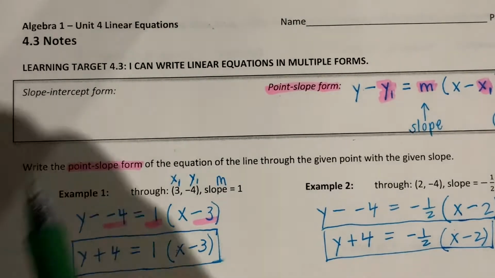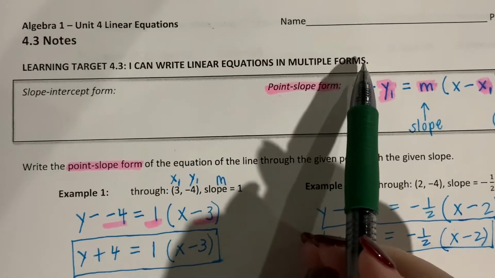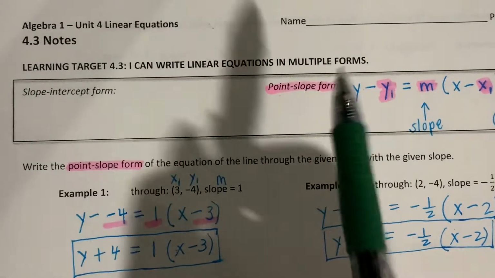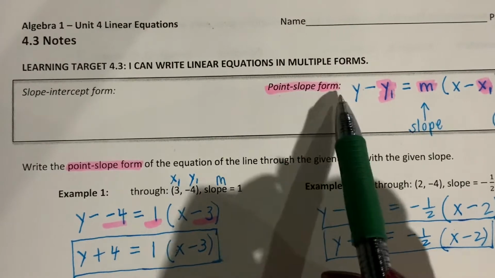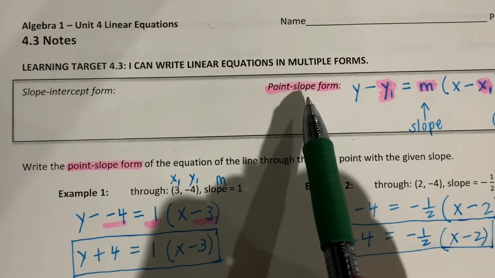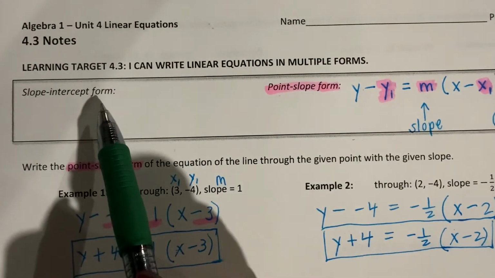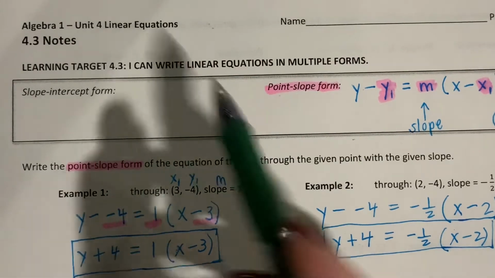We're going to finish up looking at Learning Target 4.3 where we're writing linear equations in multiple forms. And we did some examples looking at point slope form, and we're going to need to use this point slope form in this video as well. Once we have our equations in point slope form, we will work with a familiar form, slope-intercept form.